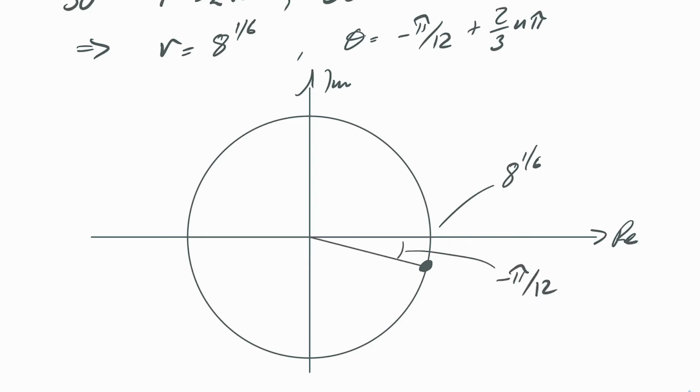Add on 2 pi by 3 to that, and I end up with a number up here. So this is for n equals 1, 4, and so on. Add on another 2 pi by 3, and we get our third distinct root. So a cube root generally has 3 distinct roots lying on a circle with the radius determined by the modulus of what you're taking the root of.